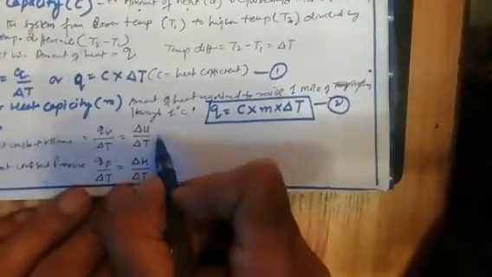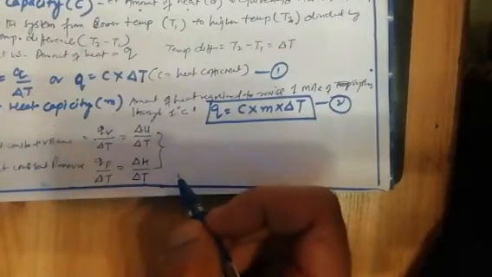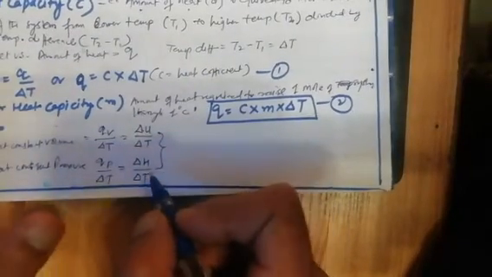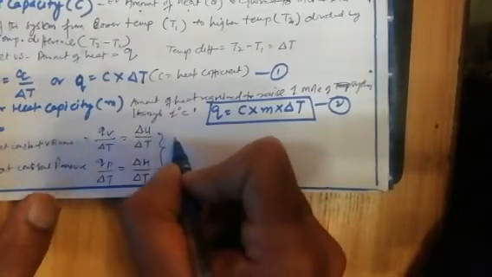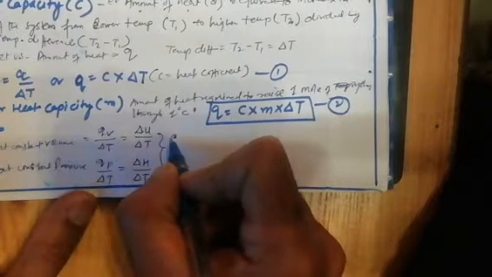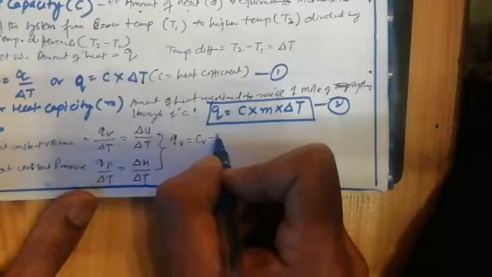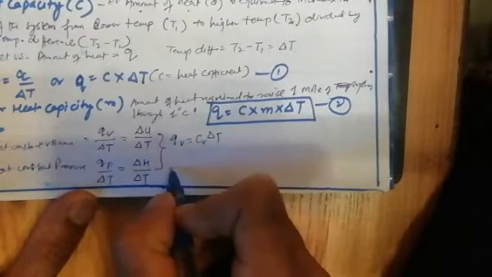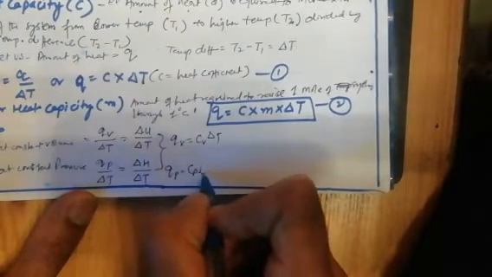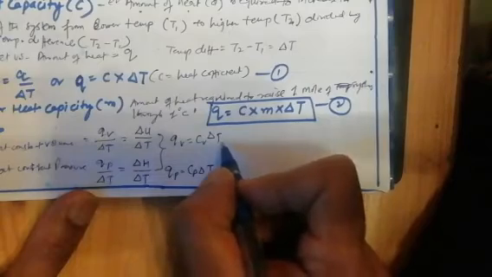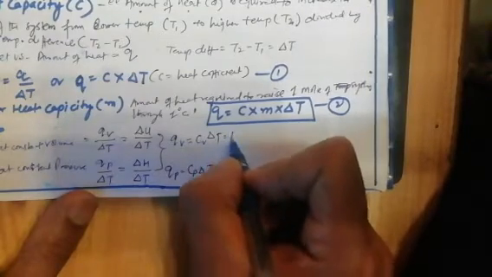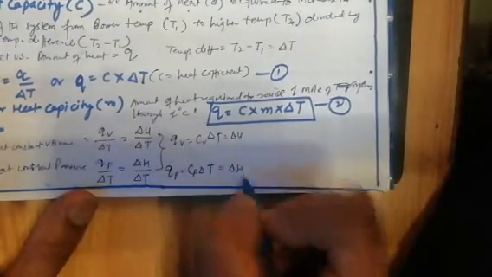So QV is equal to CV delta T, and QP is equal to CP delta T, which is equal to delta U and delta H.